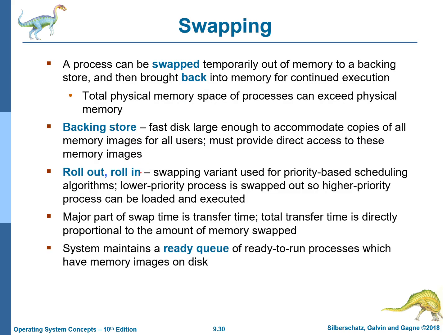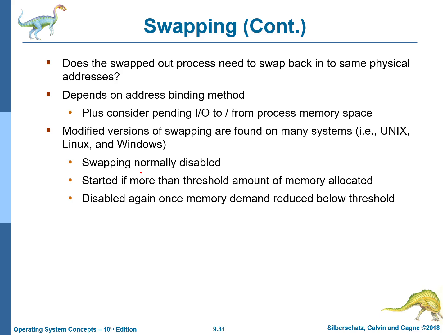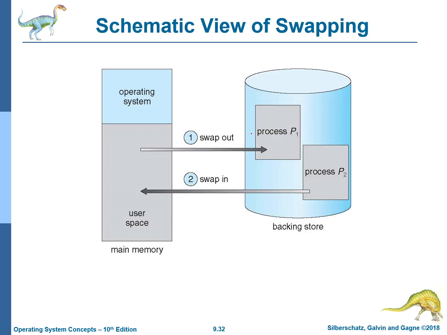And lastly, we have swapping. Swapping is also another approach. Here, from the backing store, I will show you with an example. Suppose P1 is already running here, and at some unit of time P1 has a priority of maybe 5, right?